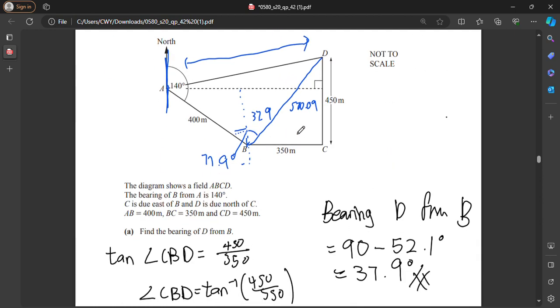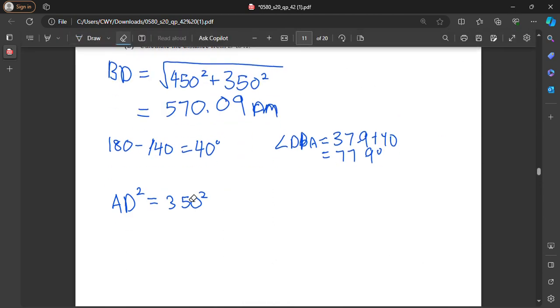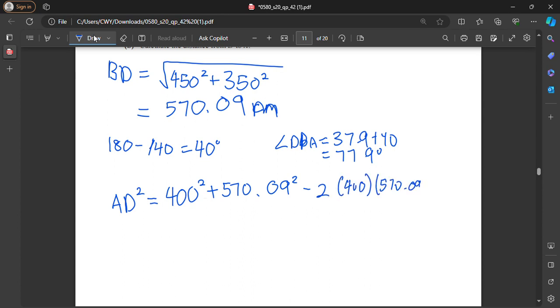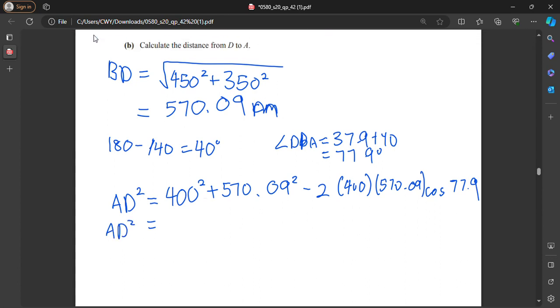Oh no, it's 400 squared plus 570.09 squared minus 2 times 400 times 570.09, the cosine of 77.9. So let me simplify as much as possible. AD squared is equal to 400 squared plus 570.09 squared.